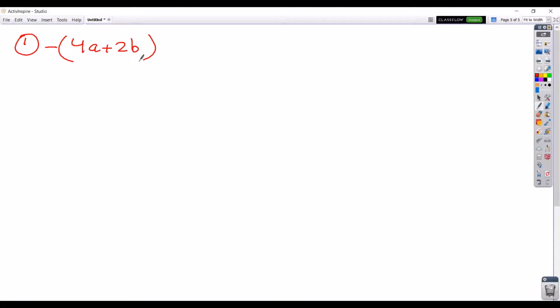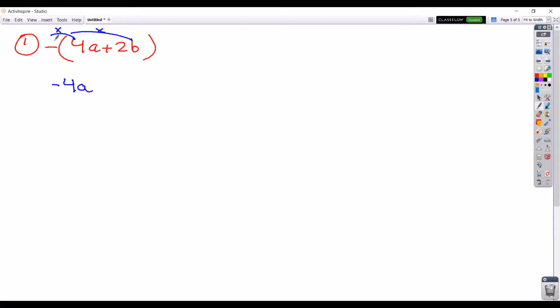So here we have minus 1 outside the bracket. As we see that there's no number written outside the bracket, it's just the minus sign there, so it's the same as saying minus 1, or if you just want to write down minus, it's the same thing. You're using the same rule by multiplying them together. To do the first one, minus times 4a would be minus 4a.